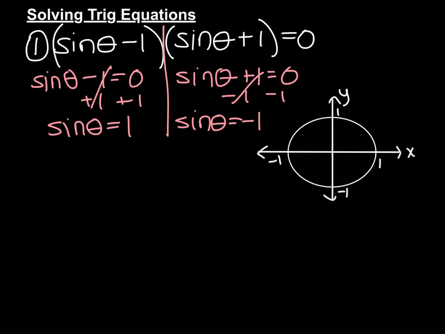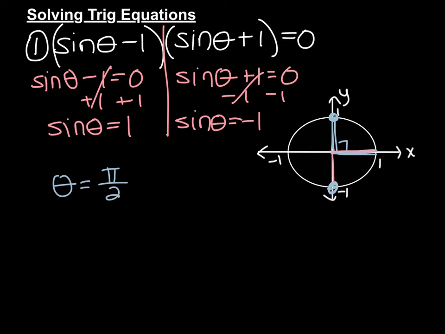Well, looking now on our unit circle, the sine value is the y value. Sine is +1 only at this point. Sine is -1 only at this point. So this is a 90-degree angle, which if we were to convert that into radians would be pi over 2. So theta could equal pi over 2.